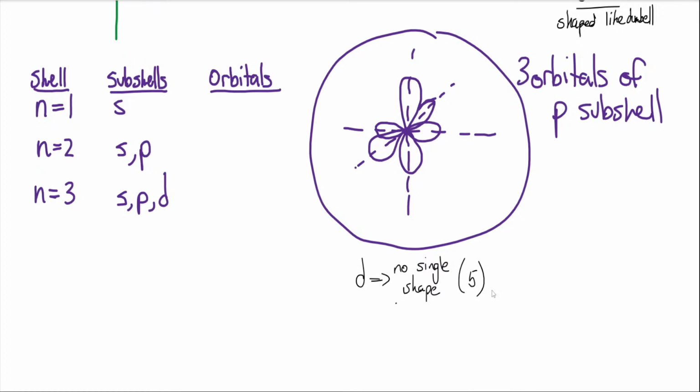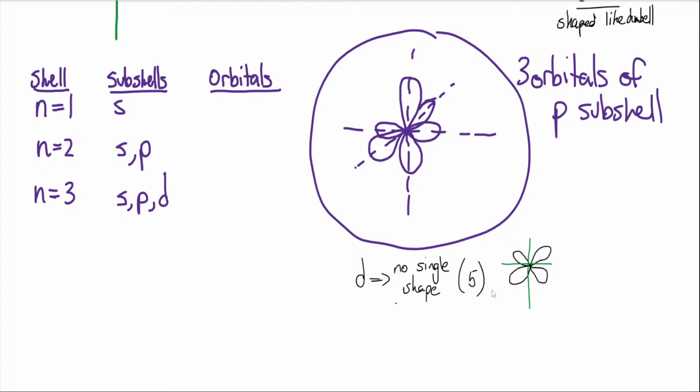Basically, 4 of them look like a double dumbbell. In fact, 3 of them go in between the axes they're on. That is called the XY version, because it goes in between the X and the Y. Then there's an XZ version, and a YZ version, and each goes in between its axes.